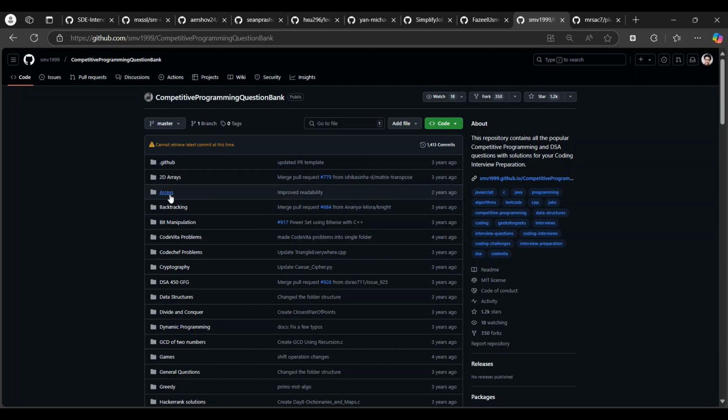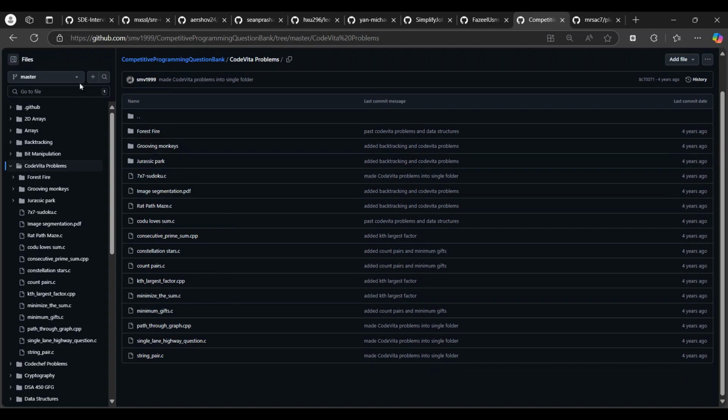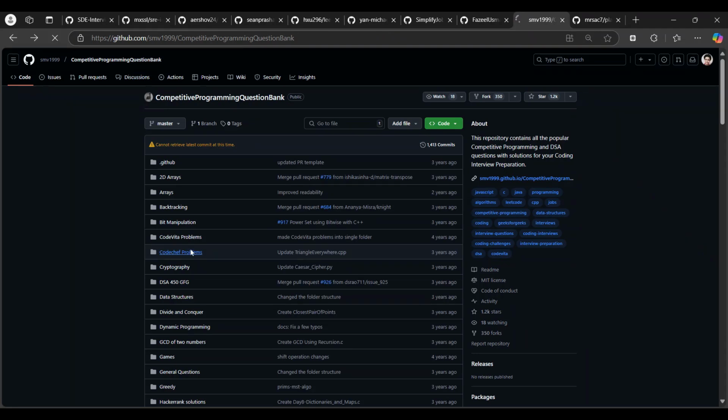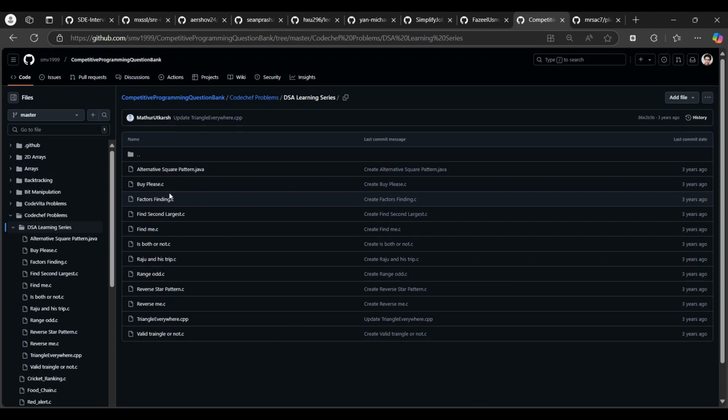Arrays, then backtracking, bit manipulation, CodeVita problems. If you're applying for CodeVita, TCS CodeVita, they have listed previous years' CodeVita questions, so you can prepare for CodeVita from here also. Similarly for CodeChef, if you're into competitive programming, then you'll be familiar with CodeChef. The CodeChef questions which mostly came, for the DSA learning series, they have added this.